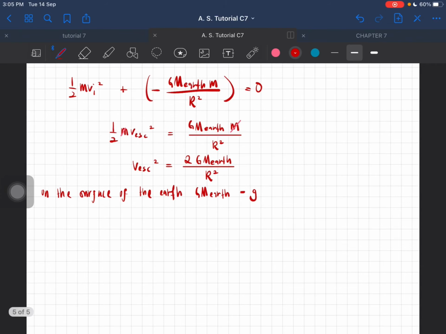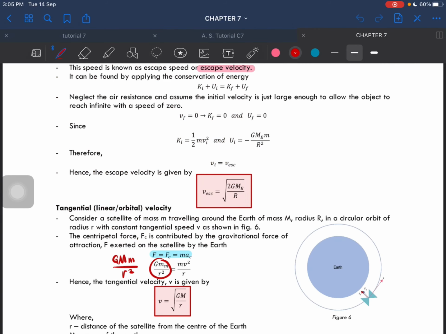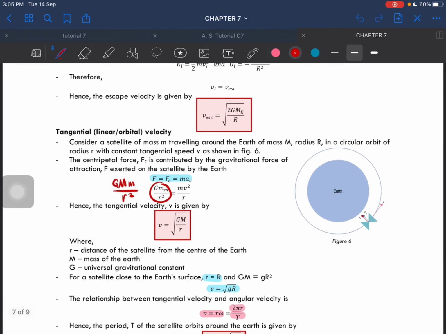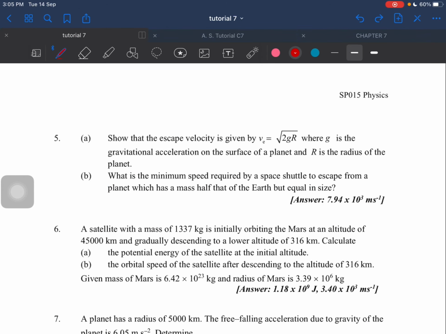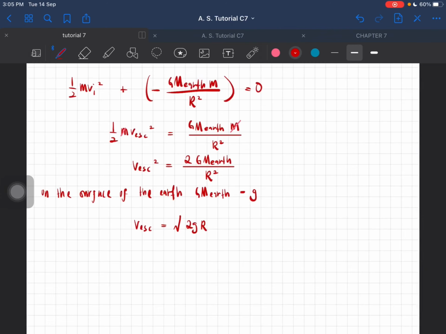So we can then let this equal to 2gr, 2GM Earth over r. Wait, why am I confused? Oh okay, I missed something. So we know this is gr.